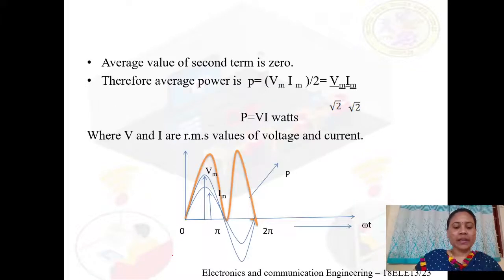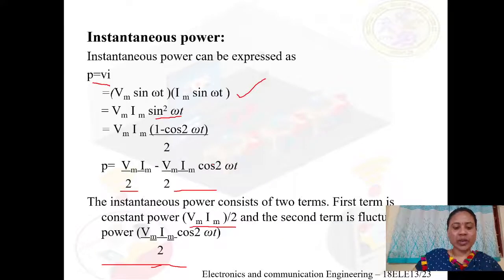Okay, and we know that always the average value of the sinusoidal varying component is 0, because the same mean value will be there for positive as well as negative cycle. They both get cancelled.